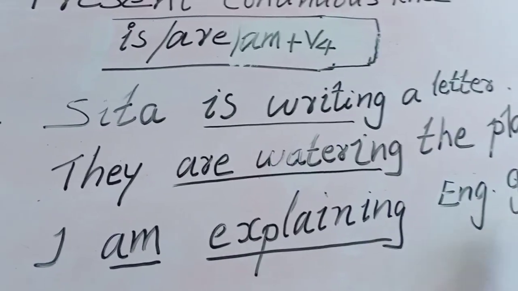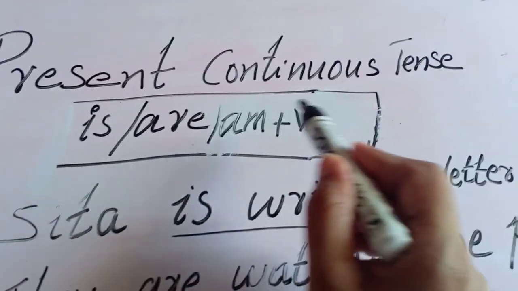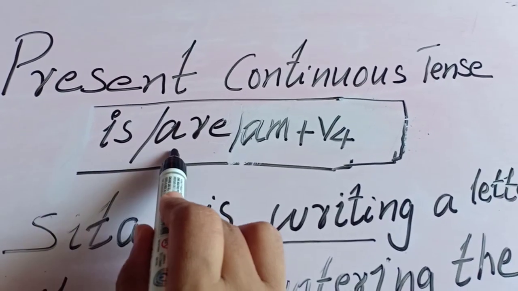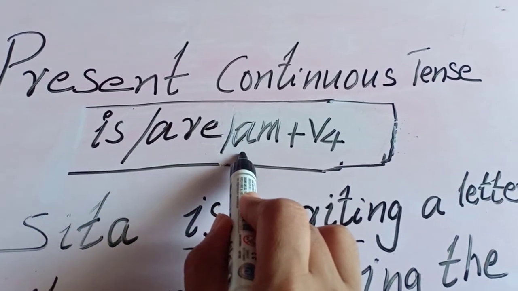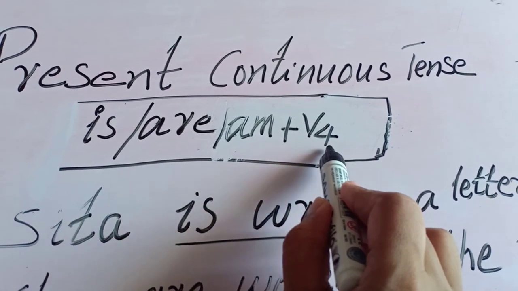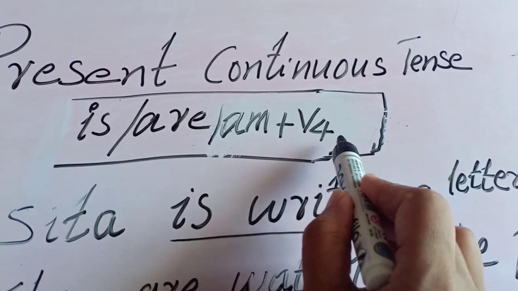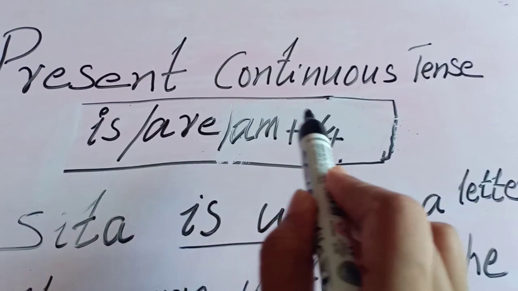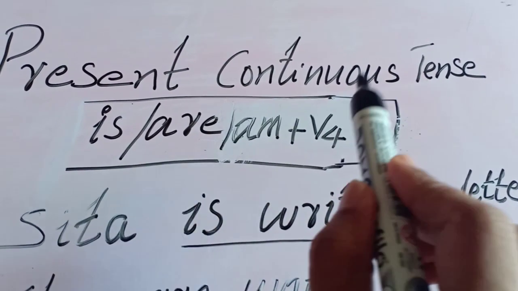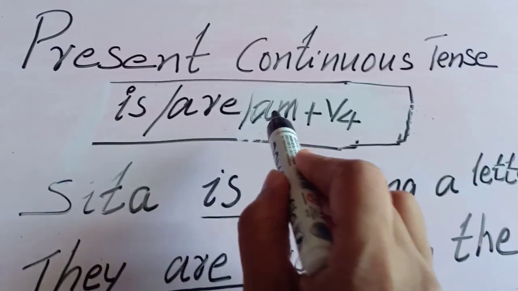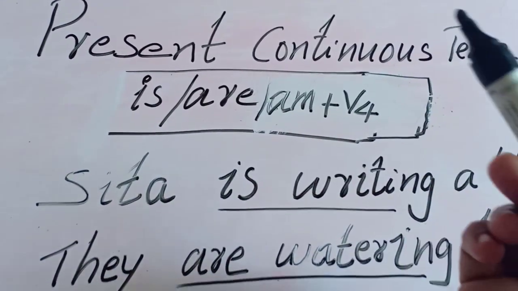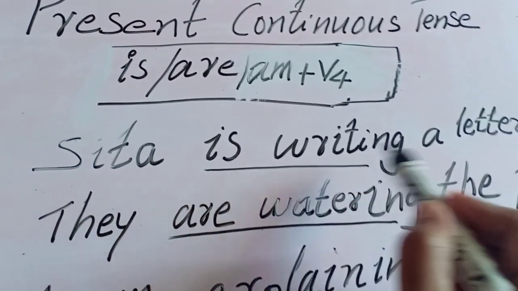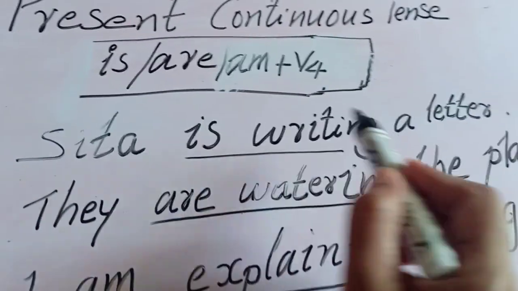Okay, so to get the present continuous tense, we should use is, are, am along with V4. Is, are, am plus V4. If you remember this formula, you can write the present continuous tense without mistake. Then you should know the meaning of this, in what sense we will use it. Sita is writing a letter means now she is writing the letter.